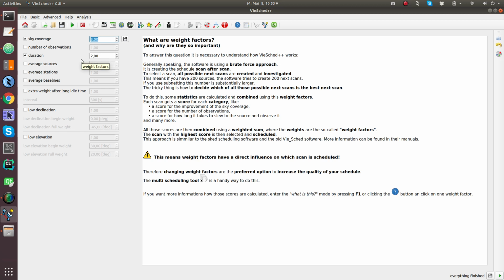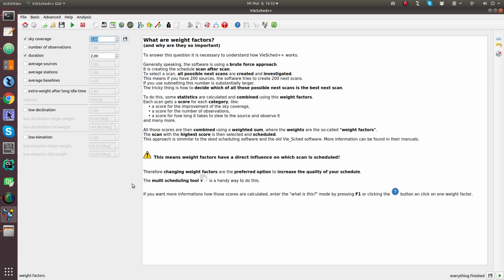That gives the final score, which is calculated for every possibility, and the scan or scan combination with the highest score gets scheduled.